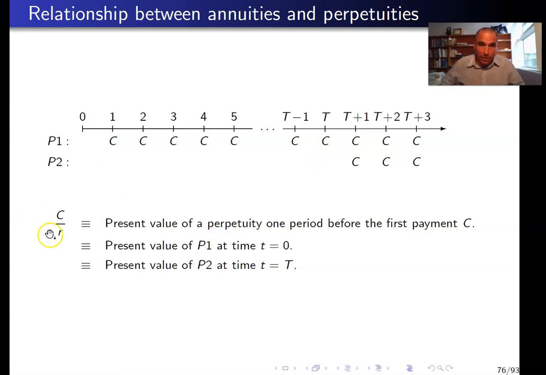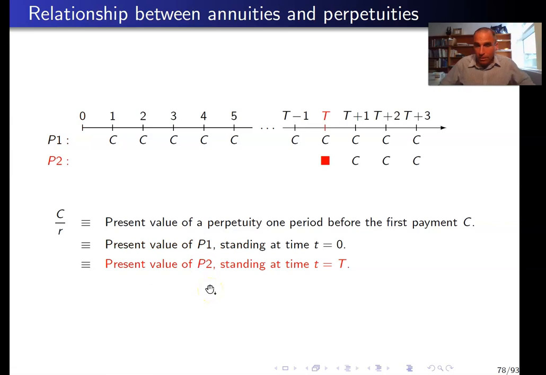Now C over r, what is it? It's the present value of a perpetuity one period before the first payment. So C over r is the present value of P1 at time 0. And C over r is the present value of the perpetuity P2 at time T, because I need the first payment to be on the following period.